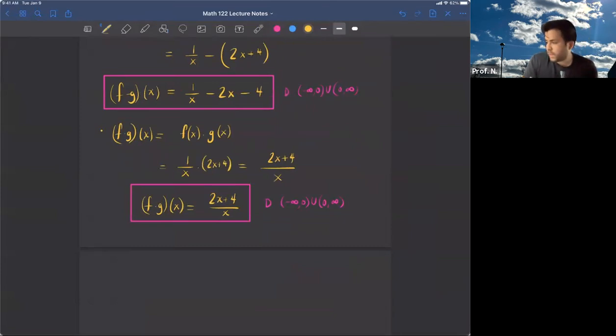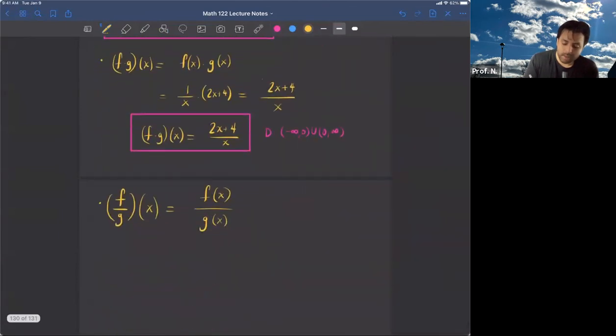And then next one is f over g. What does that mean? This is f of x divided by g of x. What is f of x? It's 1 over x. What's g of x? It's 2x plus 4. Of course, I'm not going to leave it this way because I have 1 over x divided by 2x plus 4.